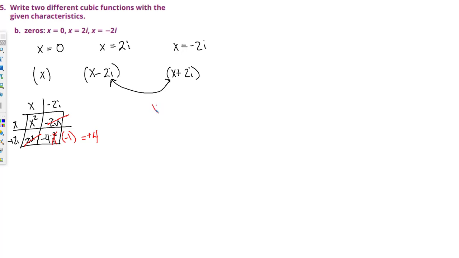So this factor here is x squared plus 4 when combined. And so my basic function of this is x times x squared plus 4. Now I'll come up with one other one.